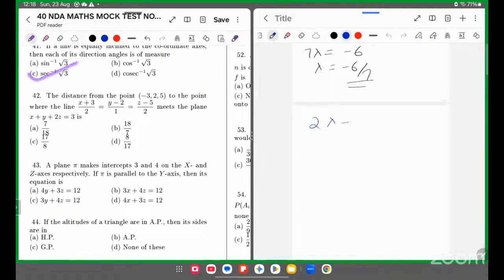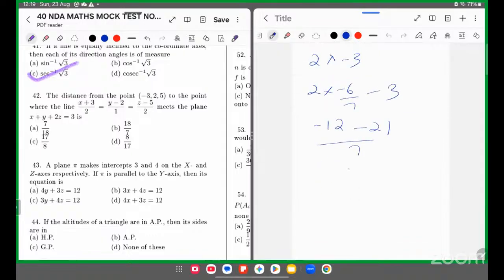It means 2 into minus 6 by 7 minus 3, which gives minus 33 by 7.